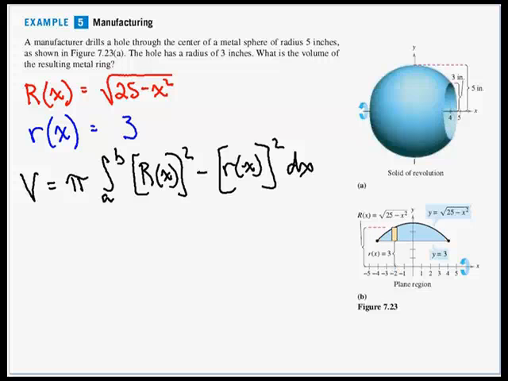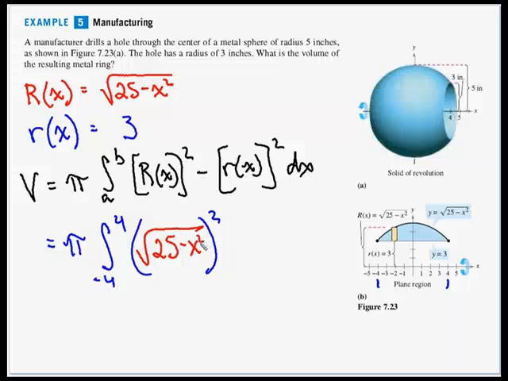And let's plug in the numbers relevant to this problem. So pi, and then we are integrating from -4 to 4. First is the outer radius squared. And our outer radius is that piece of the curve, root of 25 minus x squared. And then we subtract our inner radius squared.